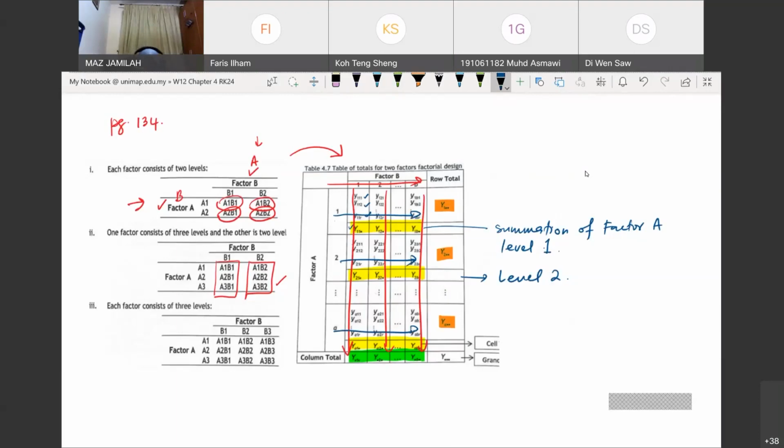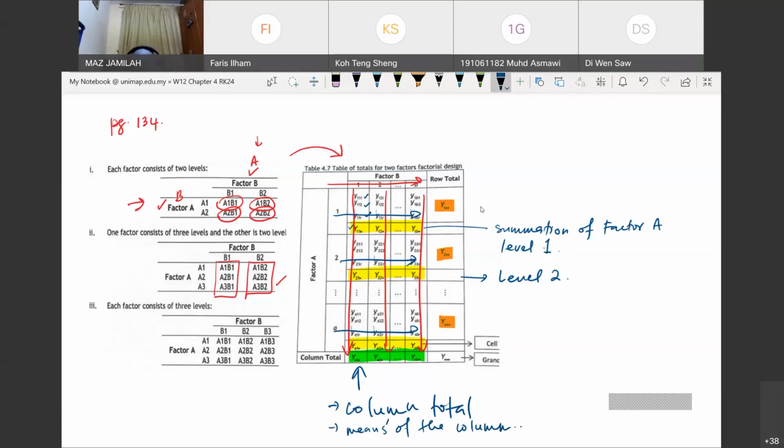From that you will have what we call the table of totals. We are going to see an example of the table of totals when we do the example afterwards. By now you should know how to find your column total, and from the column total you can also find the means of all the columns.